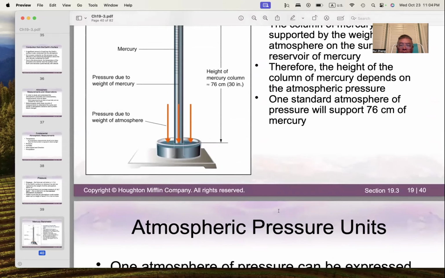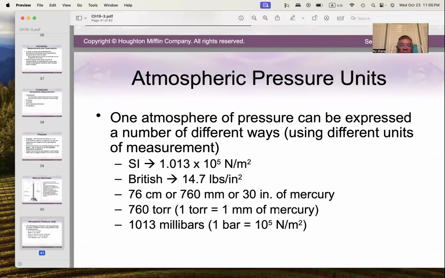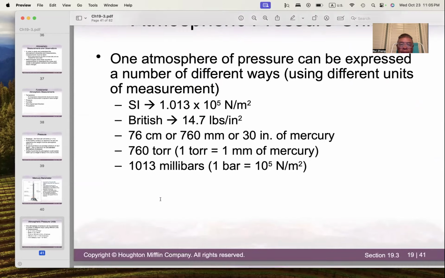The SI unit of pressure is Newtons per square meter, about 1.013 times 10 to the fifth. In the British system, it's 14.7 pounds per square inch, and with mercury height, it's about 76 centimeters. So these are different units for atmospheric pressure.